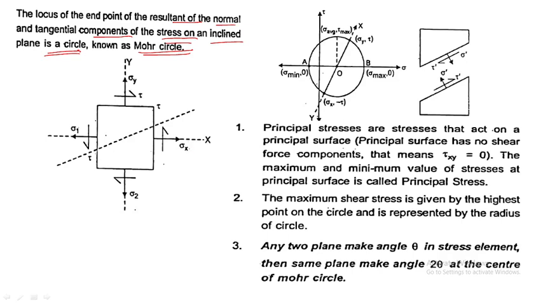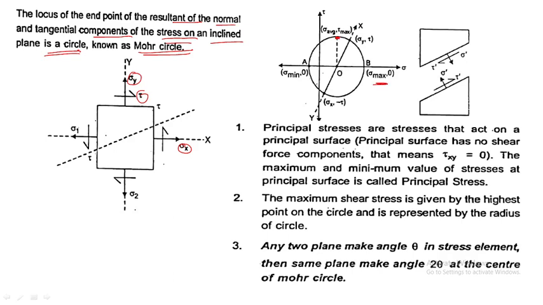This is tensile stress, and this is compression, and this is shear stress. This point is tau average and tau max, this is x and this is y, this is minimum and this one is maximum, and this is point O.